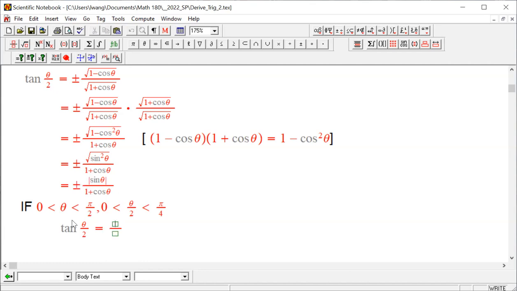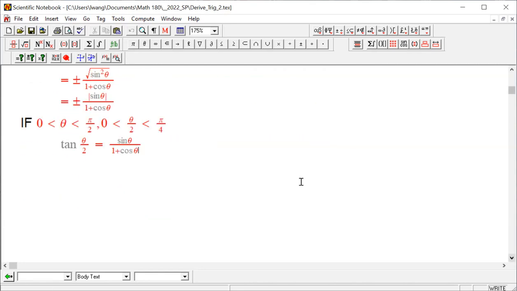At the same time, because theta is in the first quadrant, sine theta is positive, and the absolute value of positive is the same. So that equals sine theta over 1 plus cosine theta. Okay, so this is the case that theta is in the first quadrant.